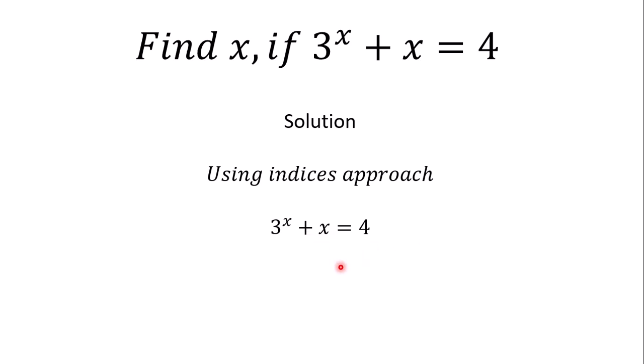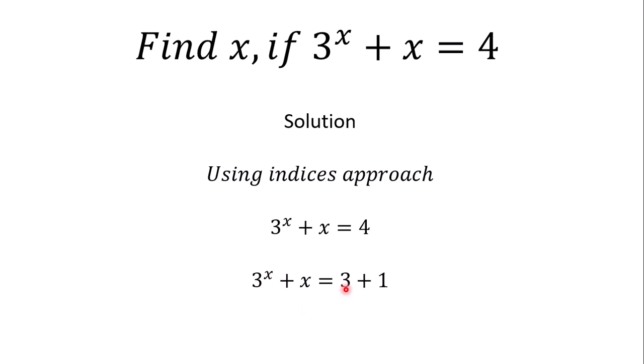Alright? So we are just going to rewrite this 4 using 3 plus 1 or 1 plus 3. If you write 1 plus 3, it is the same thing. Good. So as you can see, the comparison will work out easily, because here the base is 3 and the power is x.